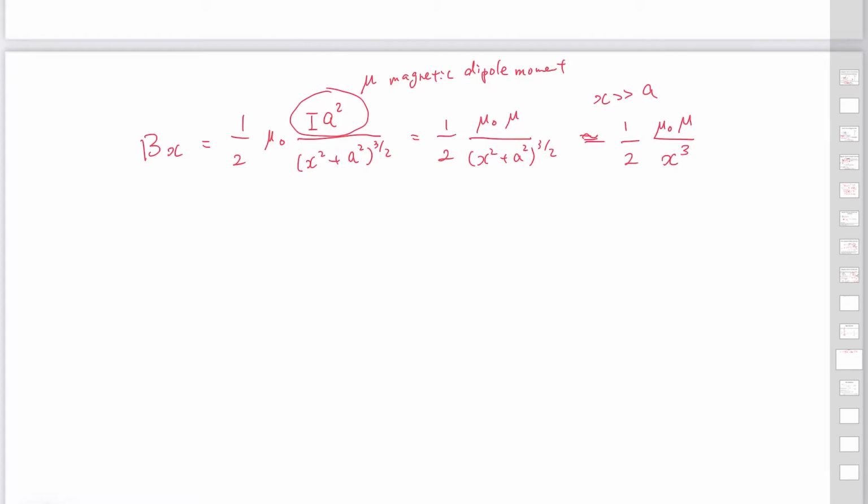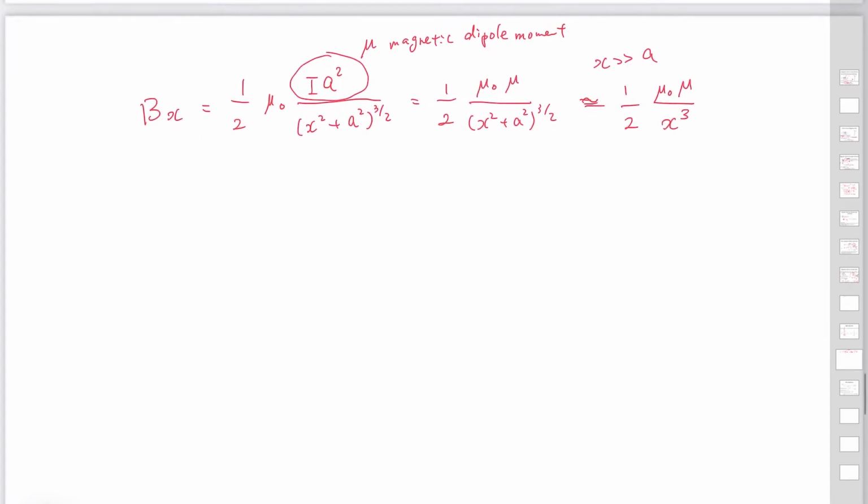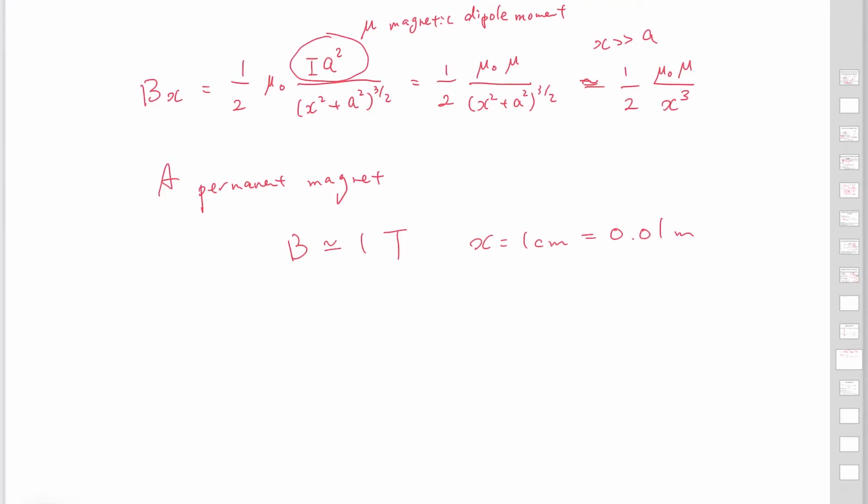over x cubed. So if you consider a permanent magnet whose field is about 1 Tesla at x equal to 1 centimeter, so this is about 0.01 meters, we would like to find the magnetic dipole moment of the permanent magnet. It can be calculated as 2 B sub x x cubed over mu sub 0.